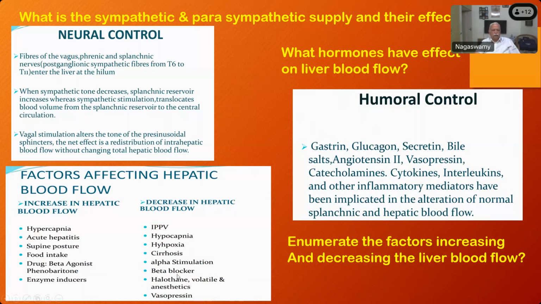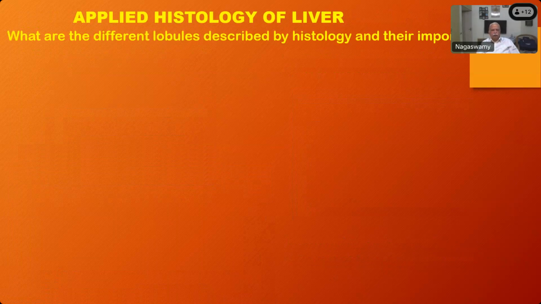All these things will decrease the hepatic blood flow. So these are all points which are important from the clinical angle. These are all the conditions you should think of if you want to maintain a normal blood flow to the liver. Now the next important thing is the applied histology of the liver. So what are the different lobules described by histology and what is their importance?